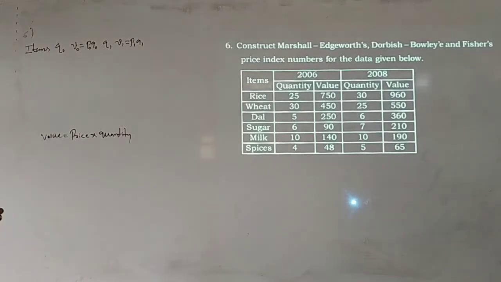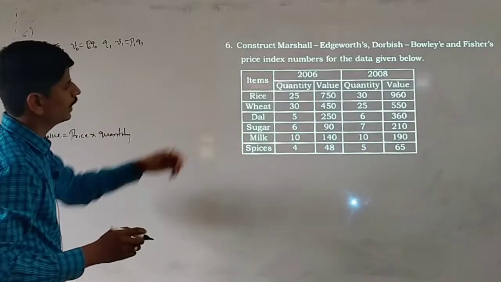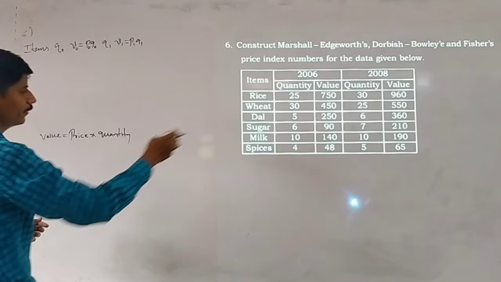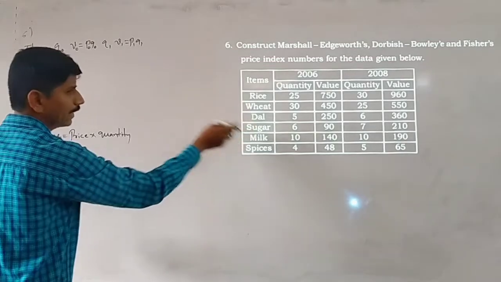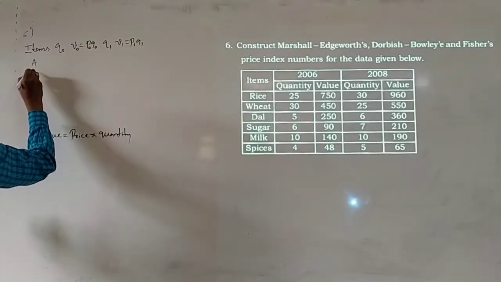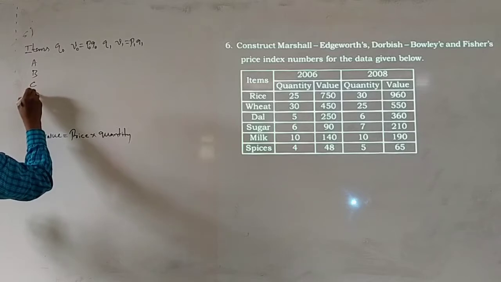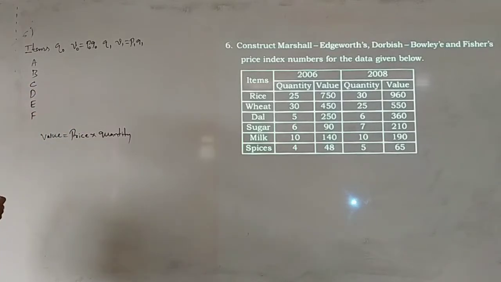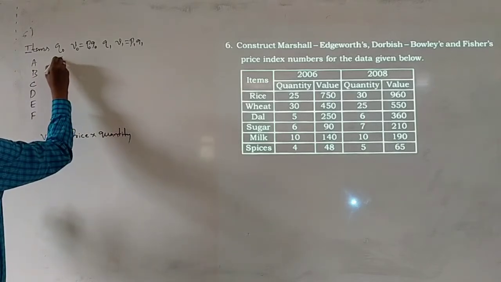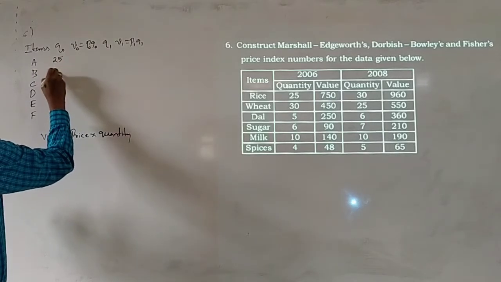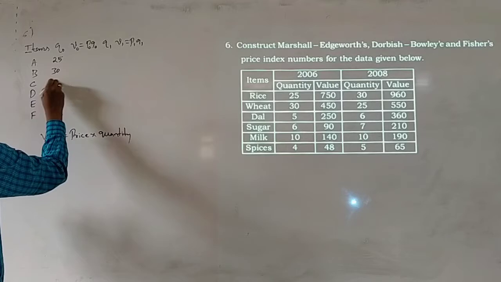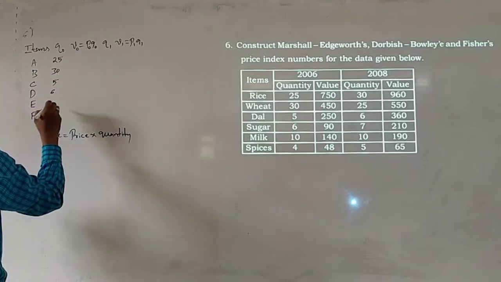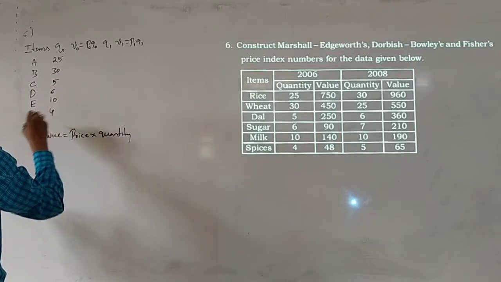Now to write the values. Items: rice, wheat, dal, sugar, milk, spices. You have to take A, B, C, D, E and F. Q0 values are 25, 30, 5, 6, 10 and 4.